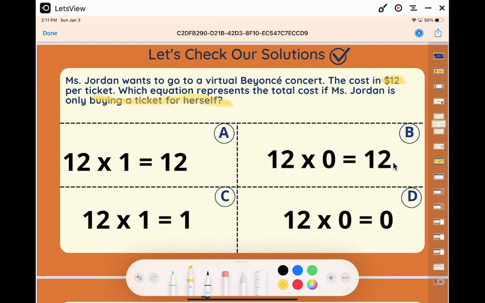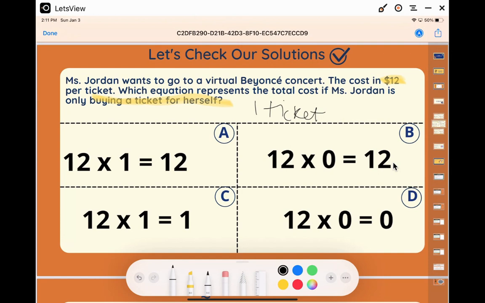If Miss Jordan is buying a ticket for herself, that means that Miss Jordan only needs to buy one ticket. If Miss Jordan is buying one ticket, that means that our equation is the cost of the ticket times the number of tickets that she is buying.